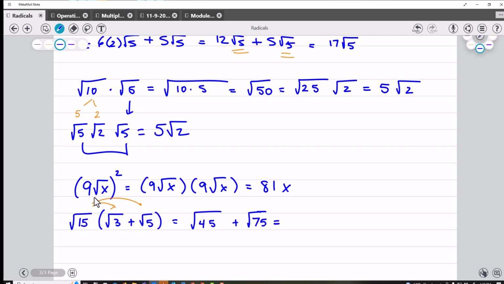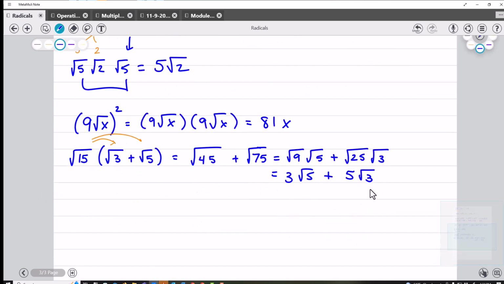I know that 45 is 9 times 5. I know 75 because I think of quarters as 25 times 3. So this gives me 3 square roots of 5 plus 5 square roots of 3. Isn't that cute? They're like opposites, right? But they're not the same under the root, so you can't do anything with it.